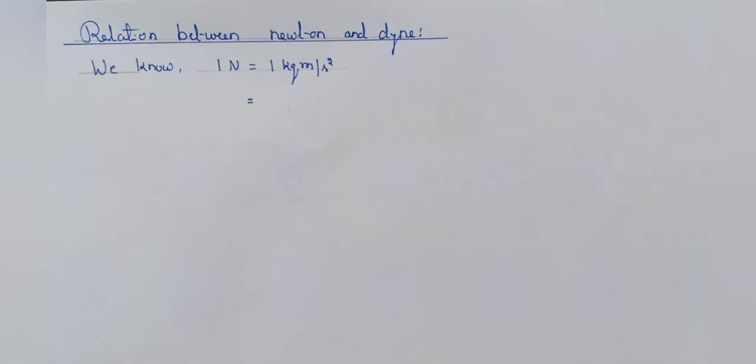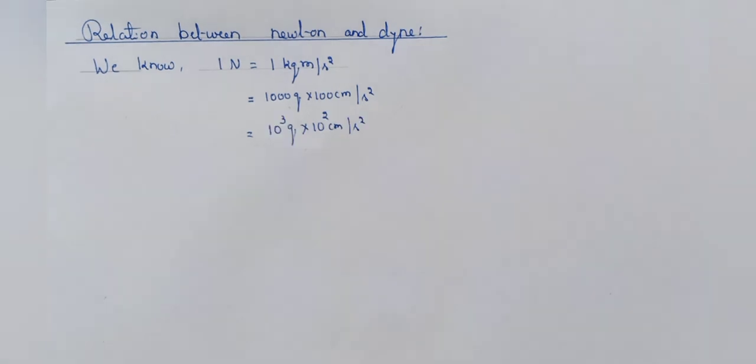Next is the relation between Newton and dyne. We know that 1 Newton is equal to 1 kg meter per second square. You know 1 kg is equal to 1000 gram and 1 meter is equal to 100 centimeter. We can write 1000 as 10 to the power of 3 and 100 as 10 to the power of 2.